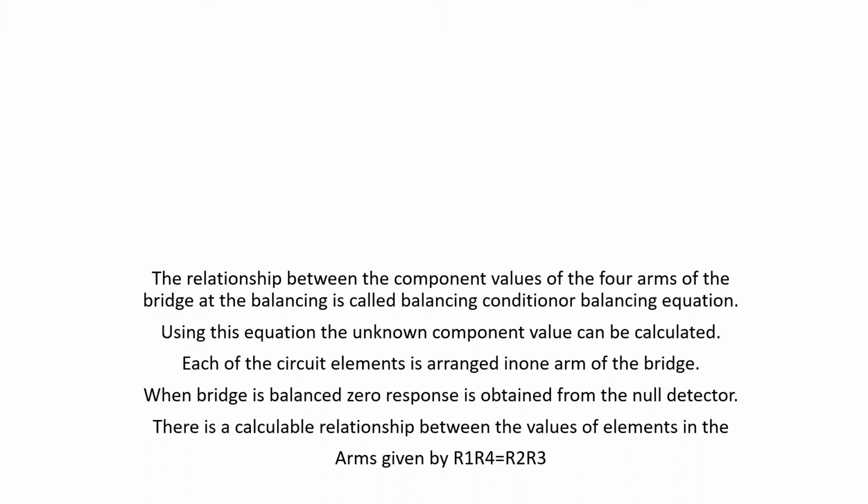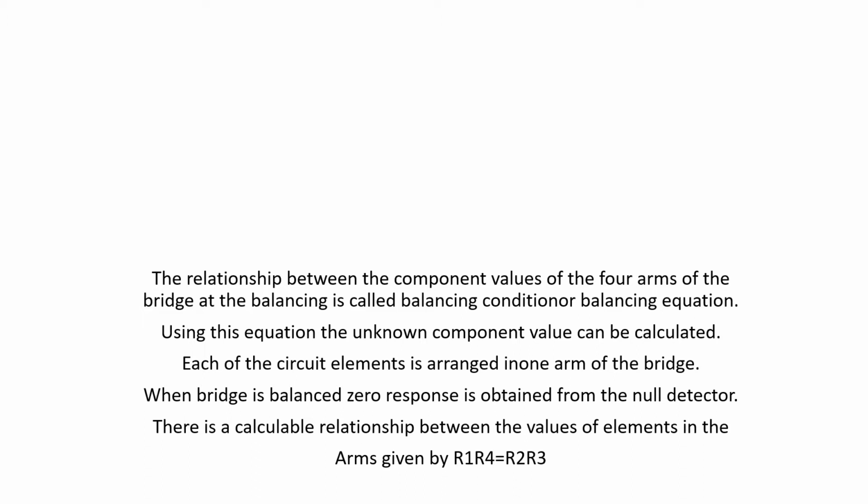Using this equation, the unknown component value can be calculated. Each of the circuit elements is arranged in one of the bridge arms. When the bridge is balanced, zero response is obtained from the null detector.